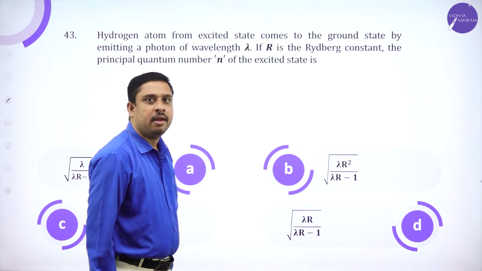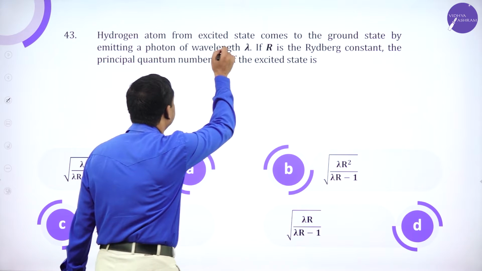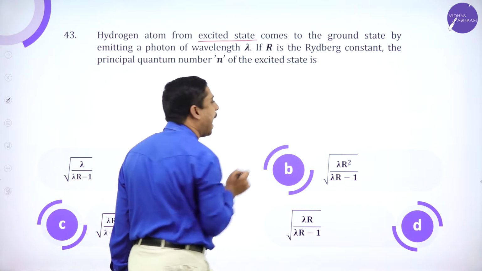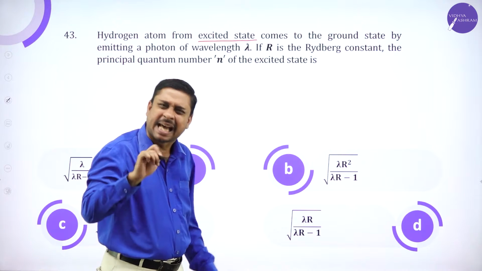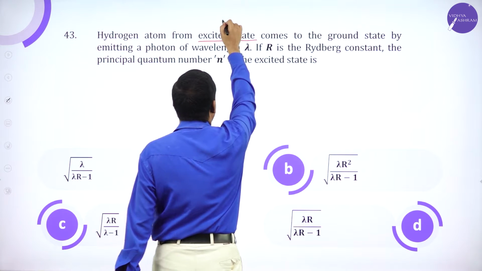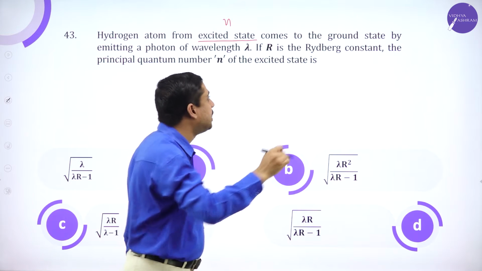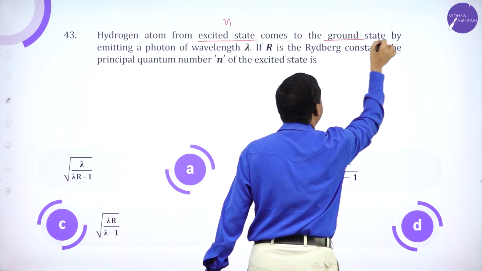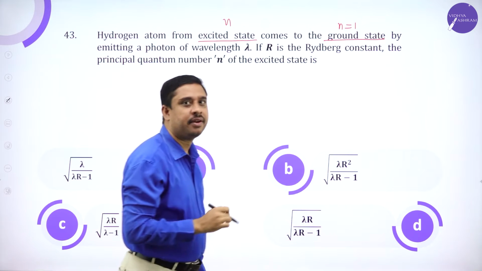Next, a hydrogen atom from an excited state, some excited state I call as n, comes to the ground state, n equals 1.